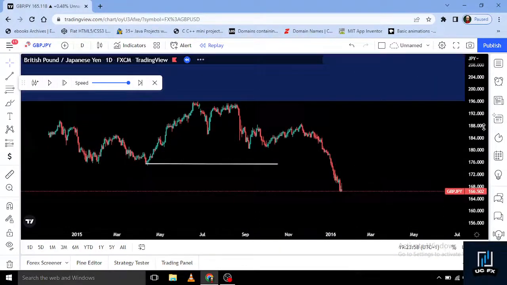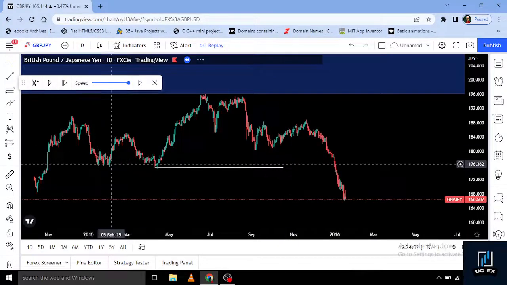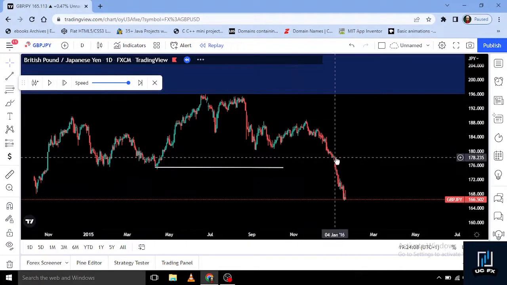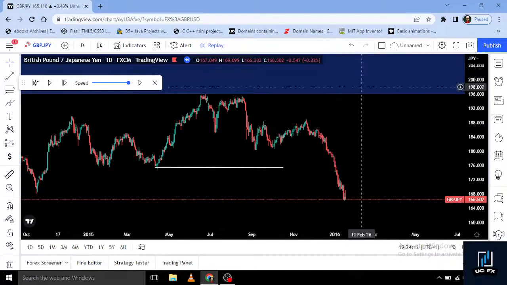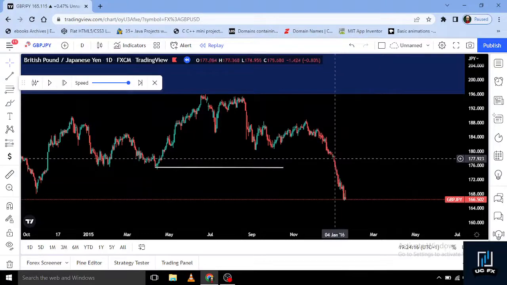So you will agree with me that we have traders trapped inside this area. You can see we had a support here, a support here. So most traders actually thought that the market would still hit here and continue going up. So we have a grab of liquidity inside this area.